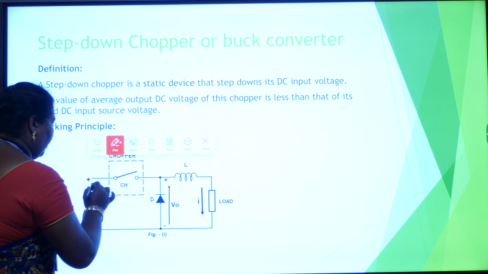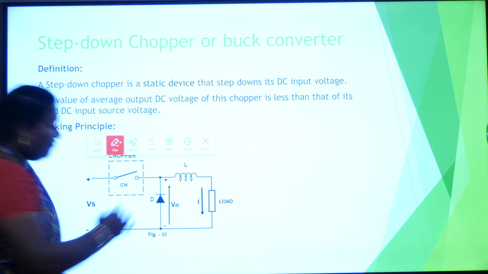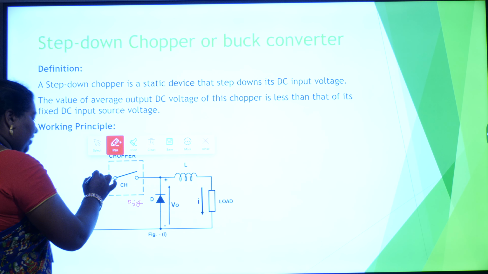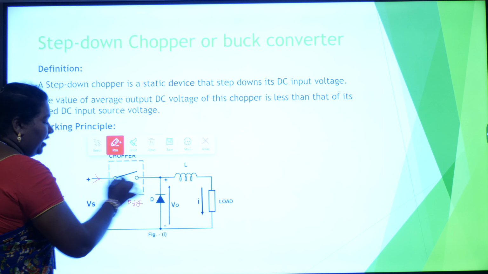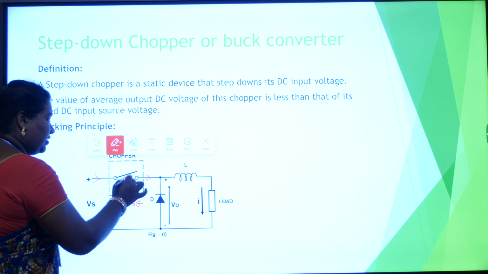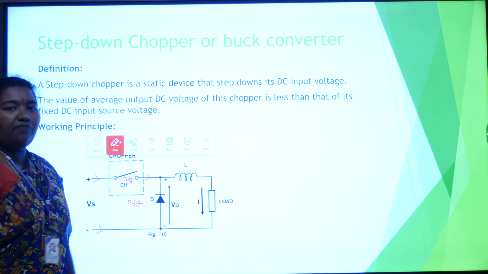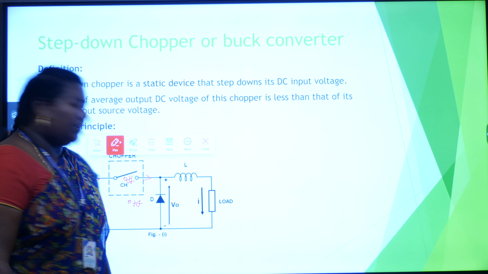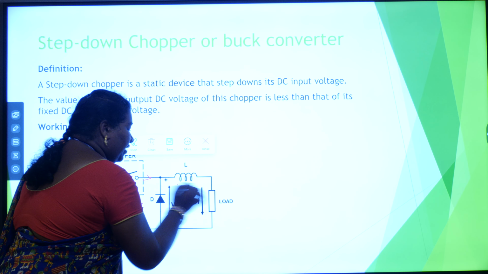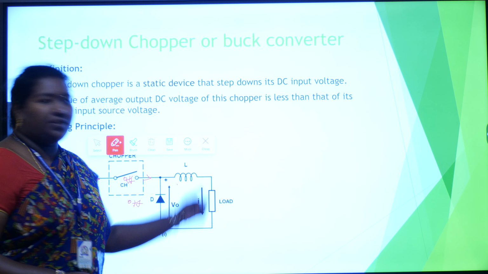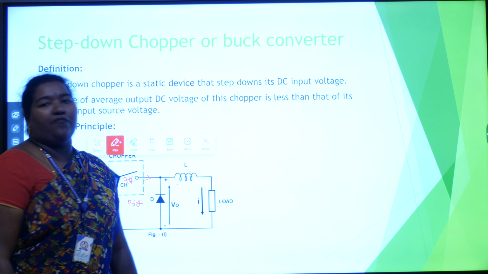Now consider when the chopper is in off state, which means the switch is in off position. Even if you pass the supply, it won't go through this network. During on position the inductor charges, and whatever it charged, it will discharge in off state.